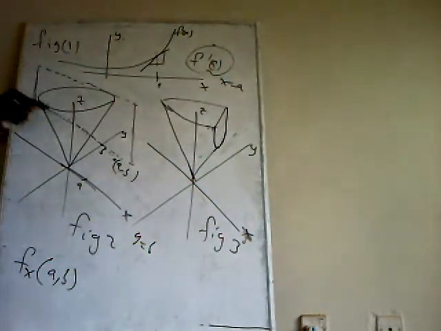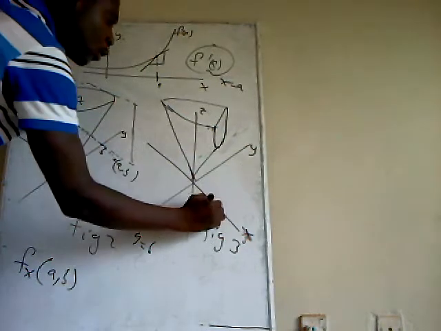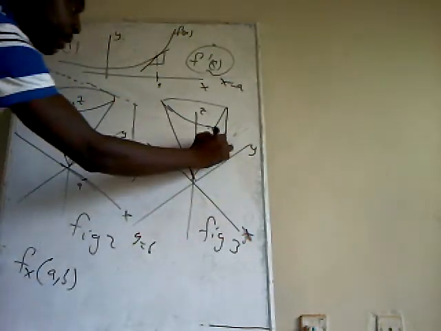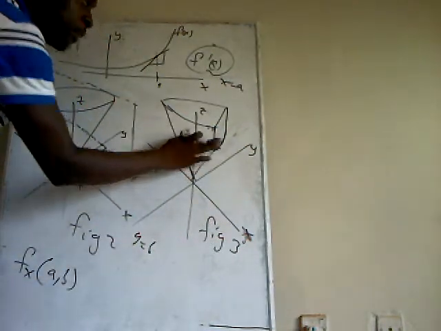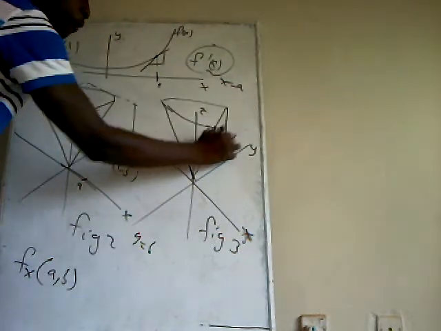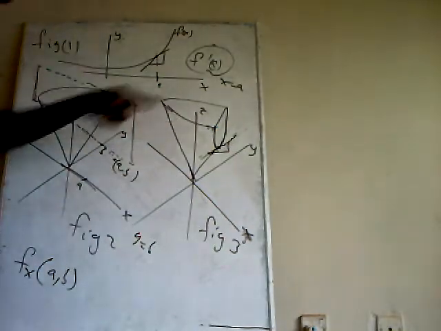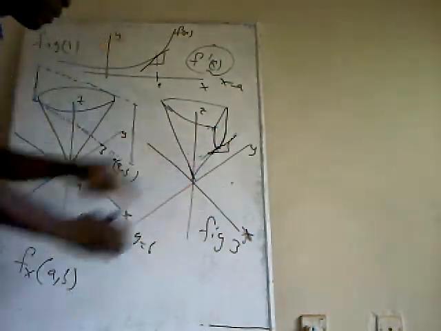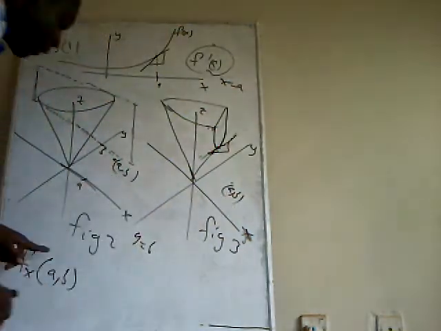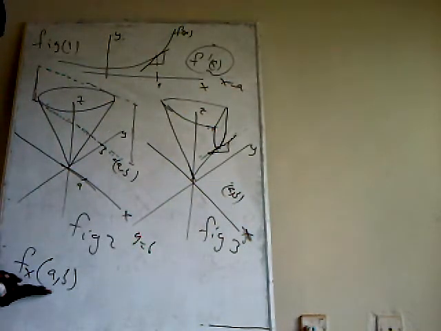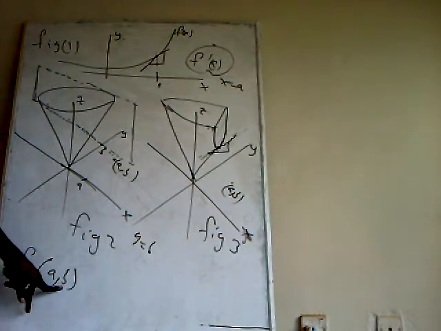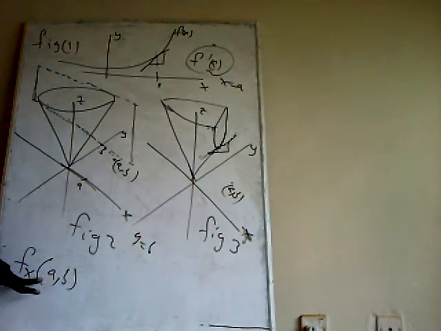So the slope to the trace: here, f of x at a, b, from where it first cuts our surface, I can find the slope to that trace at the point a, b. So that's the representation of this. f of x at a, b is the slope to the trace caused by b.